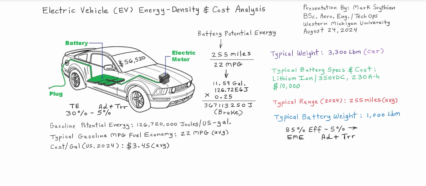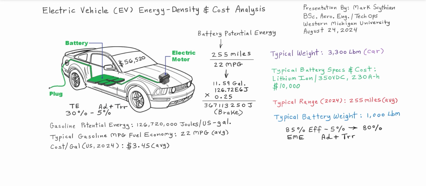And then, of course, the gasoline engine has a thermal efficiency of 30%, 70% loss to keep the engine running out of the gasoline, minus 5% loss to aerodynamic drag and tire rolling resistance.